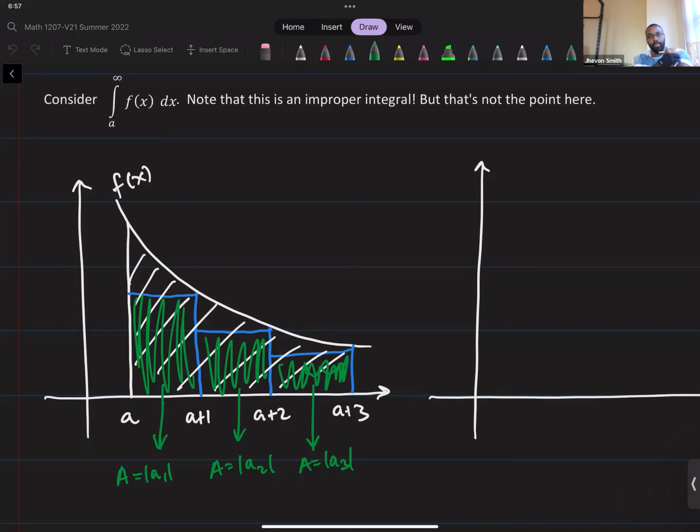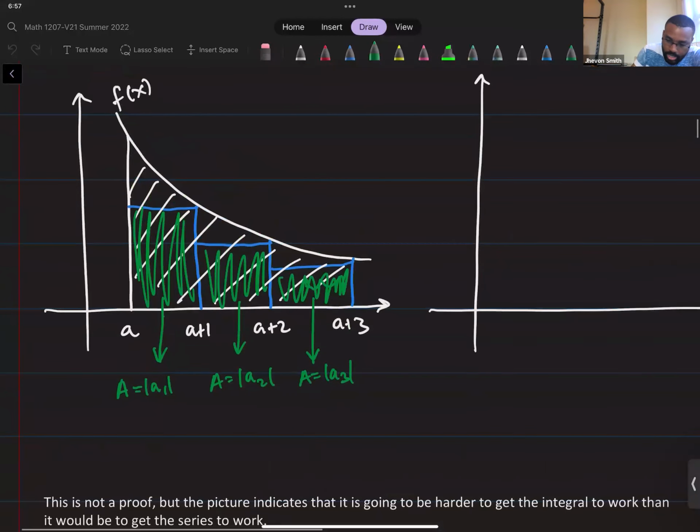And so basically, if the integral converges, it's bigger than you would need for the series to converge because it's filling in more stuff, right? So if the integral converges, it forces the series to converge. So that's sort of the idea here.